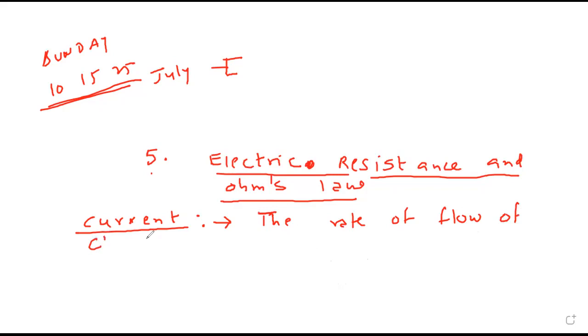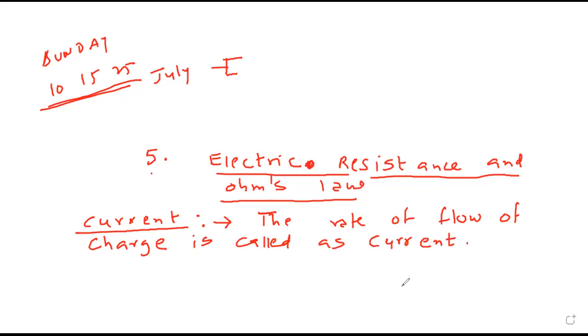Which charge, positive or negative? When we say current is the rate of flow of charge, which charge? Positive or negative? Hello? Rate of flow of charge is called current. So do you know which charge, positive or negative or any charge?